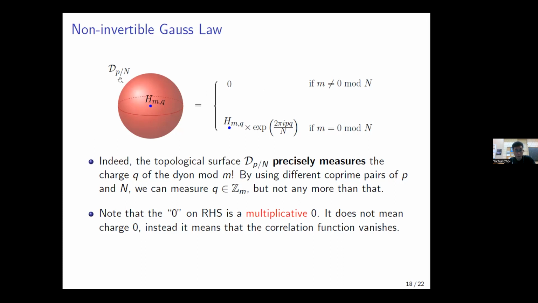On the other hand, if this big N divides the magnetic charge little m, then it measures the electric charge just as usual. So I get this standard phase factor. What this means is that by using different coprime pairs of p and N, I could measure the value of electric charge Q modulo m, but I cannot do any better than that. This is precisely what we expect from the Witten effect.